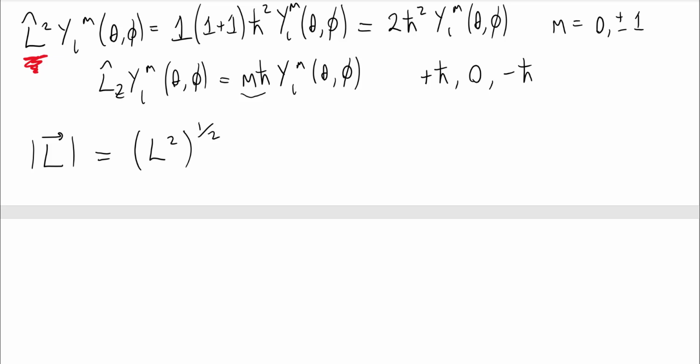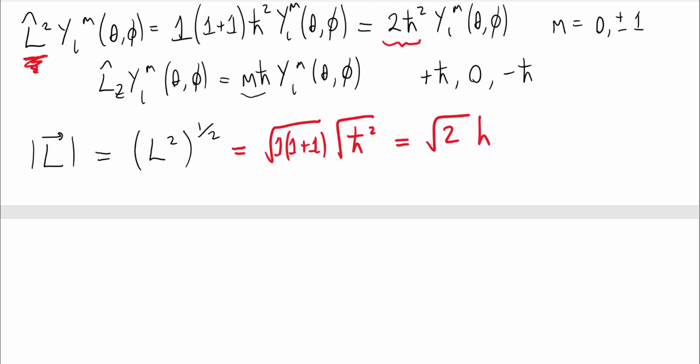In this particular case, that is the square root of 1 times 1 plus 1 times h bar squared. In other words, that's equal to the square root of 2 h bar squared. So this ends up being the expectation value, the magnitude of the total angular momentum.